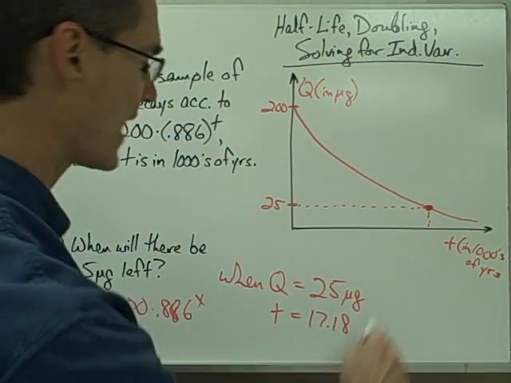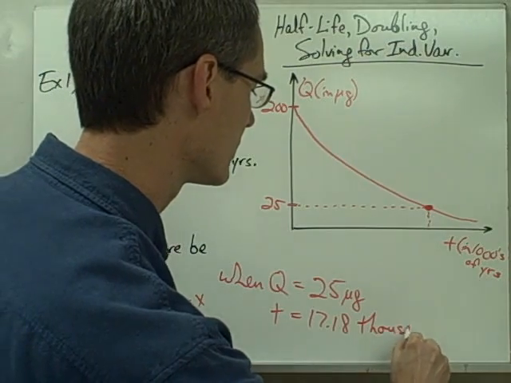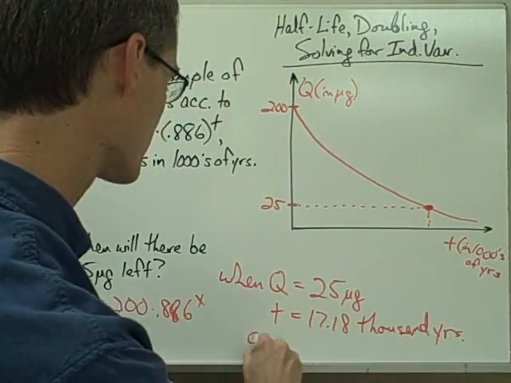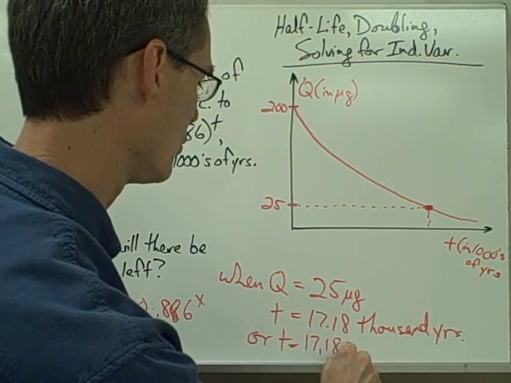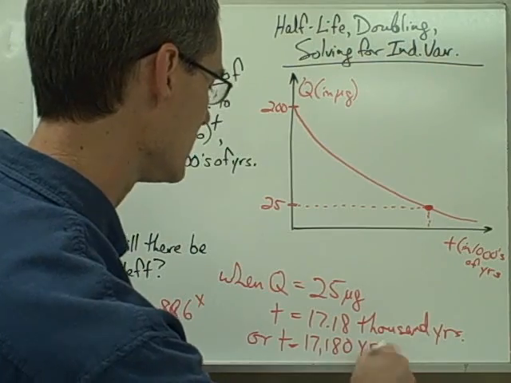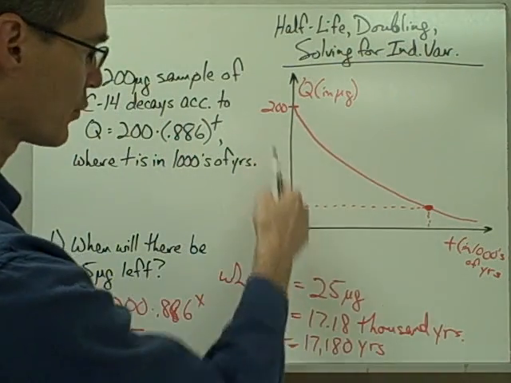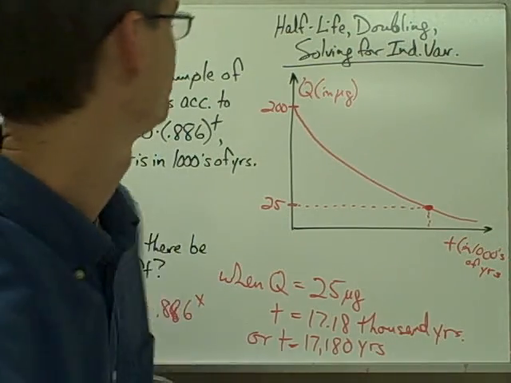And now remember, this is in thousands of years. So this is 17.18 thousand years, or I could say t equals 17,180 years. So that's how long it takes for 200 micrograms of carbon-14 to decay down to 25 micrograms.